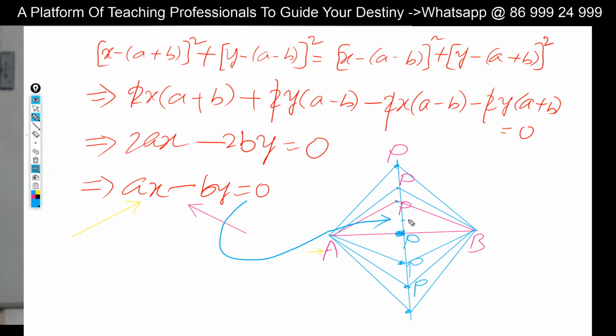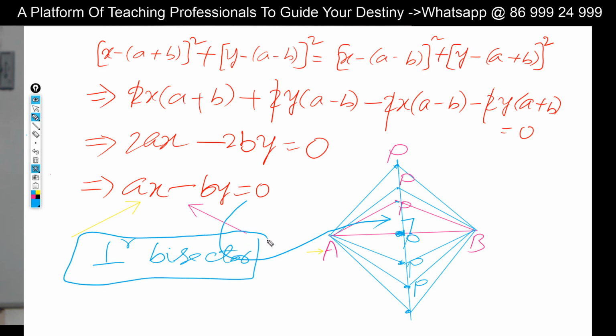It is nothing but the perpendicular bisector. What is the definition of perpendicular bisector? It is a line which is perpendicular to the line segment and passing through its midpoint.